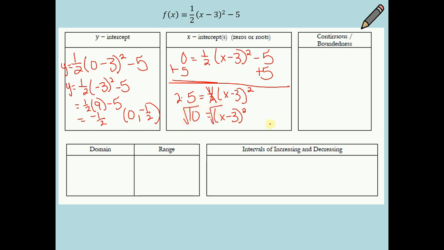Looks like we got a square root. So I get x minus 3 equals plus or minus square root of 10, or x equals 3 plus or minus the square root of 10. So my two x-intercepts are 3 plus or minus the square root of 10, 0.